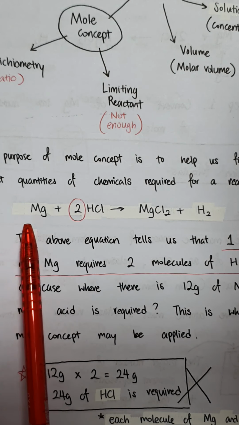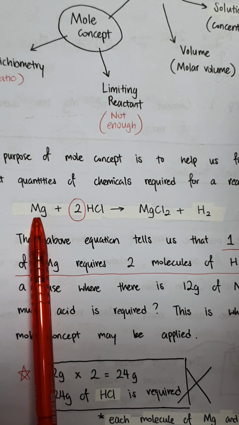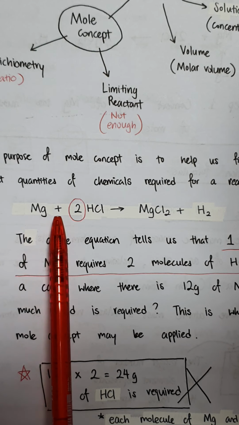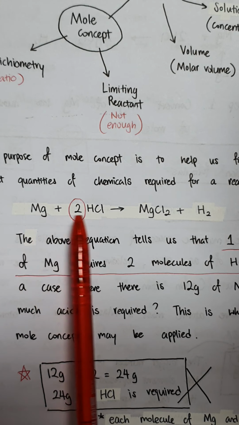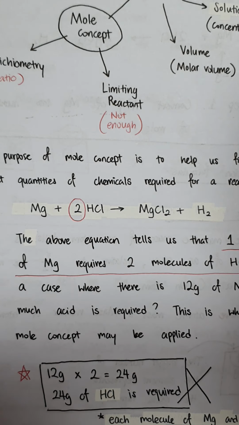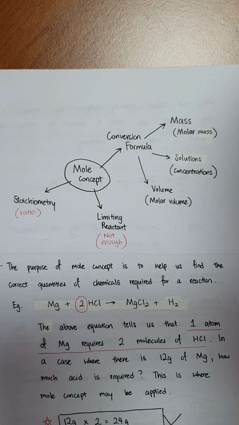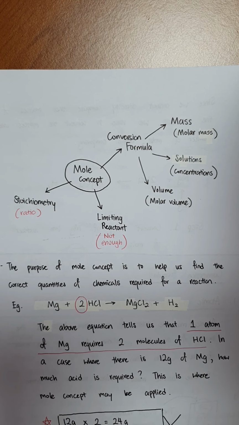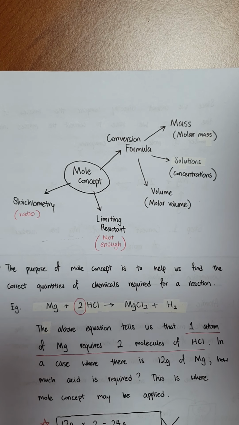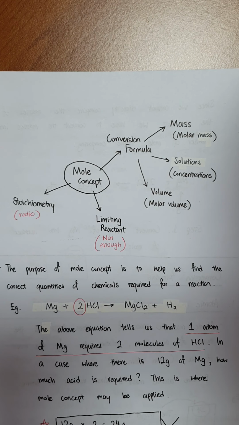You can see that one atom of magnesium would react with two molecules of hydrochloric acid, right? So the ratio is 1 to 2. That is stoichiometry in a nutshell already. Then we have the last portion, which is called limiting reactant, which is basically the chemical that is insufficient, but we will go through that in further detail soon.